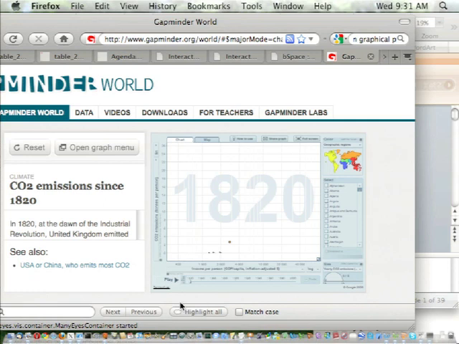What else? Yearly CO2 emissions. The area of the circle is another variable. That's the yearly emission of carbon dioxide. And one more, color. What does the color represent? Continent or area in the world.